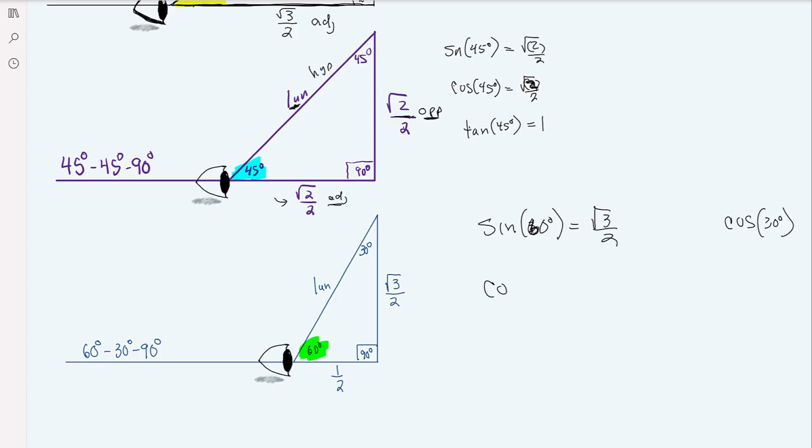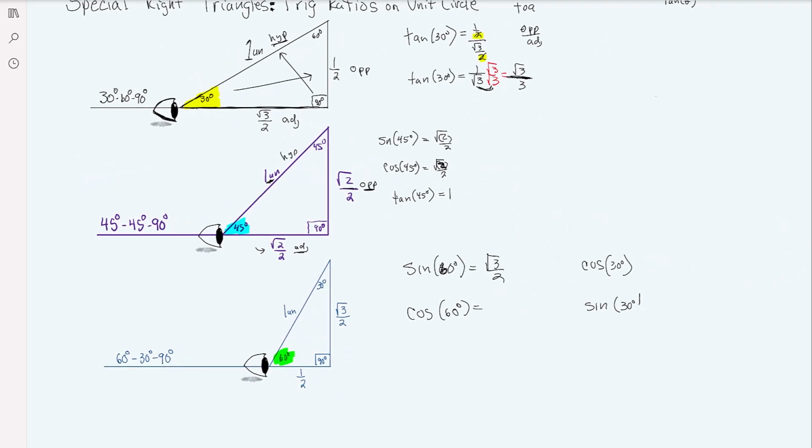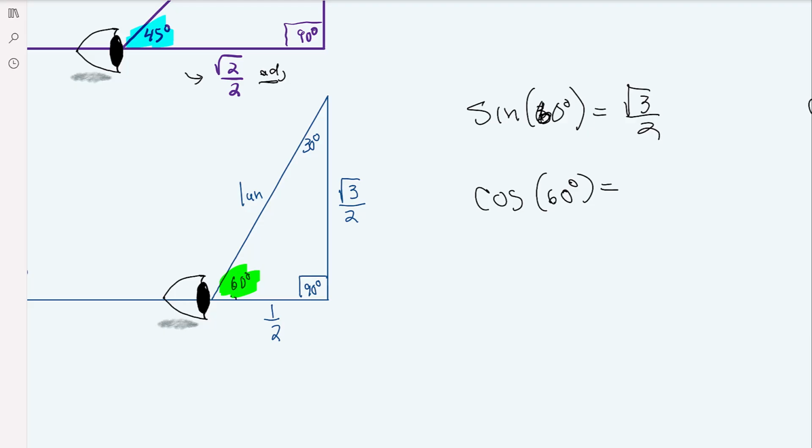And our cosine of 60 degrees will be the same as sine of 30 degrees because, look up here, sine of 30 is 1/2 over 1. Down here, cosine of 60 is 1/2 over 1.